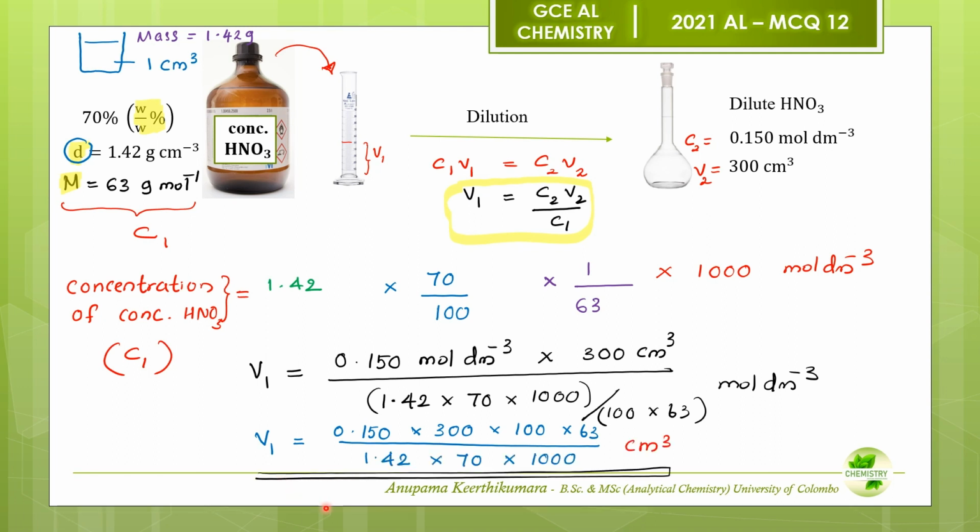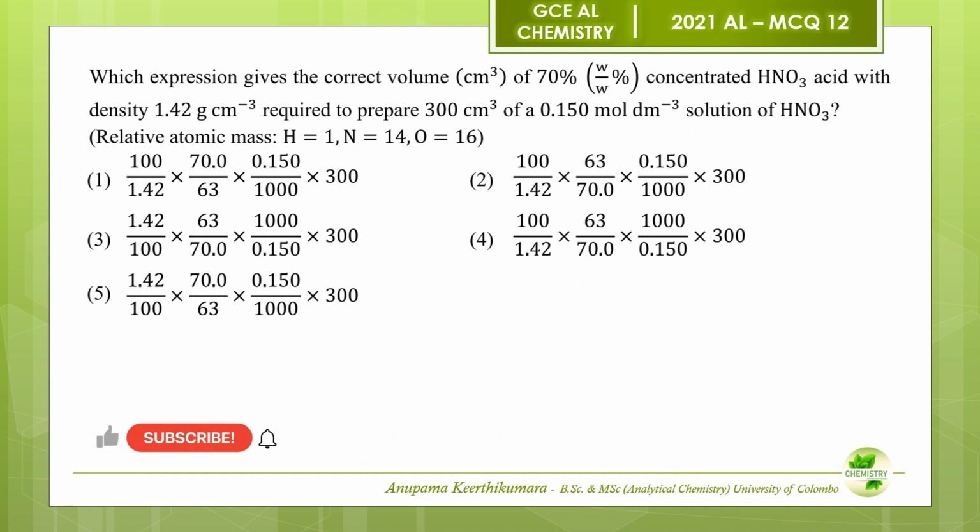Therefore, V1 equals 0.150 times 300 times 100 times 63 divided by 1.42 times 70 times 1000 cubic centimeters. The answer is number 2.